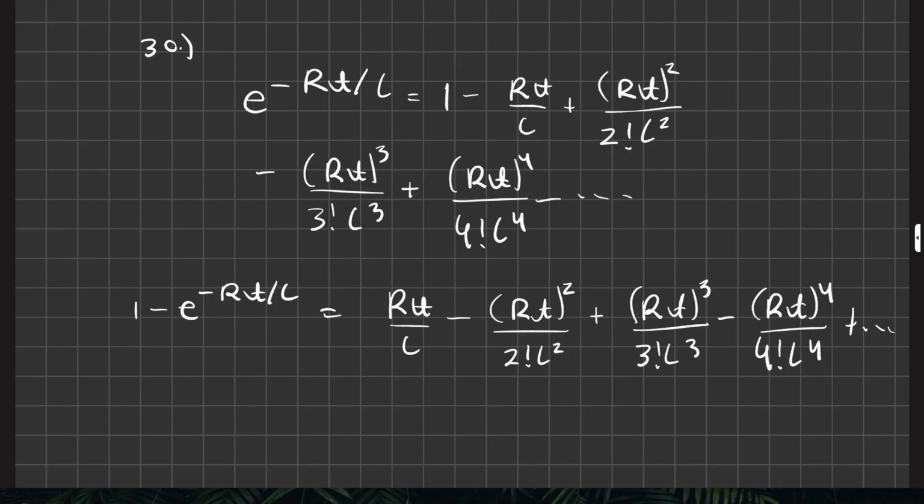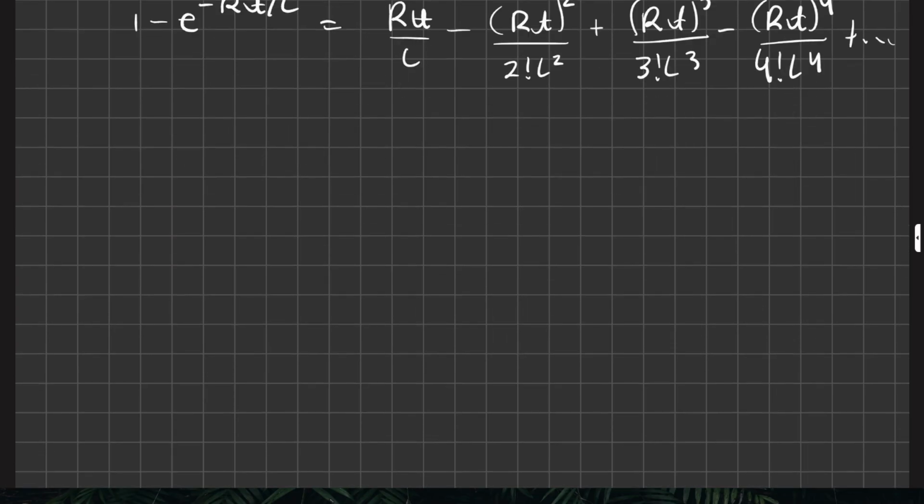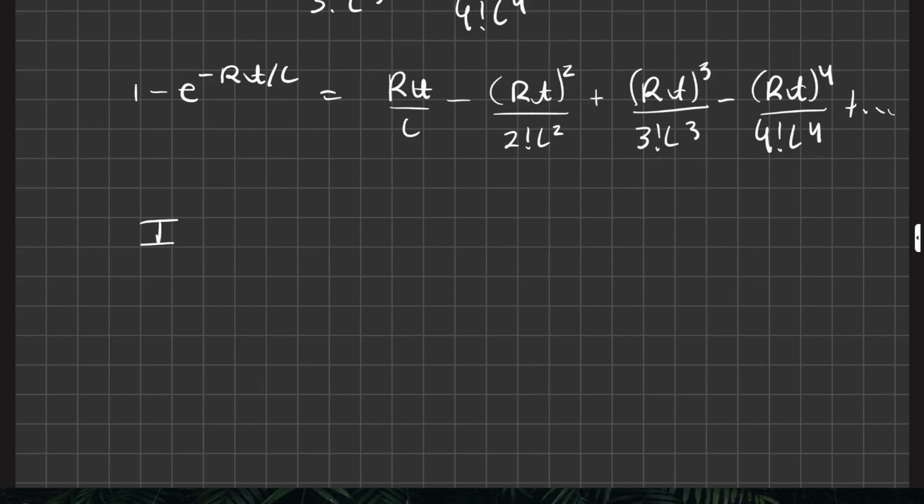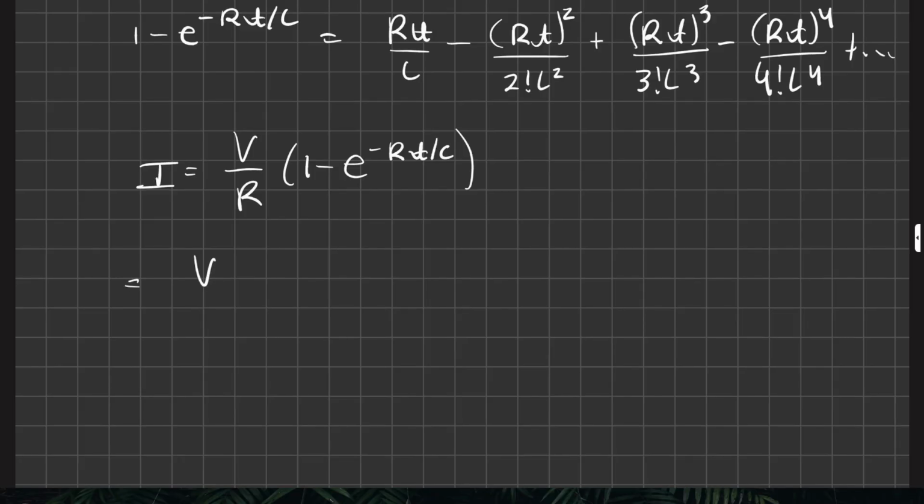So at this point, we have our Taylor series expansion for really the more difficult part. So let's go back to our original equation, which is I equals V over R times (1 minus e to the minus Rt over L), and do some basic substitution. So this will be V times all of this.